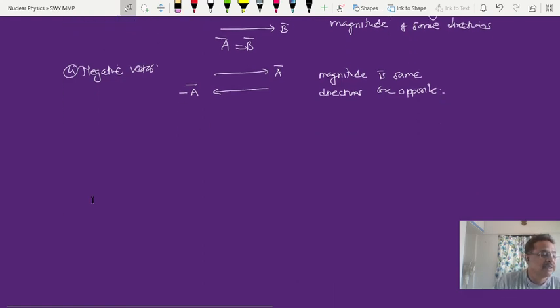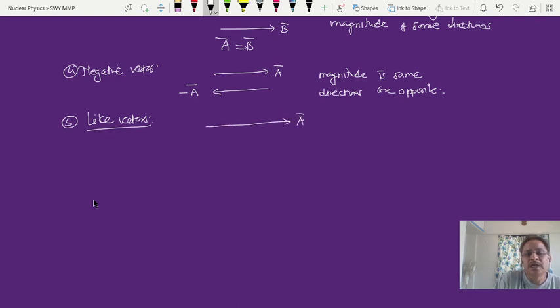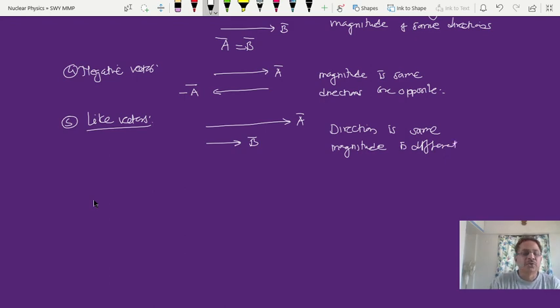Next I'll take one or two minutes to finish this, and then we'll come to other points. Fifth is like vectors. They are like each other but they are not equal vectors. I will draw a simple picture: this is my A bar and this is B bar. Here the direction is the same, but the magnitude is different.